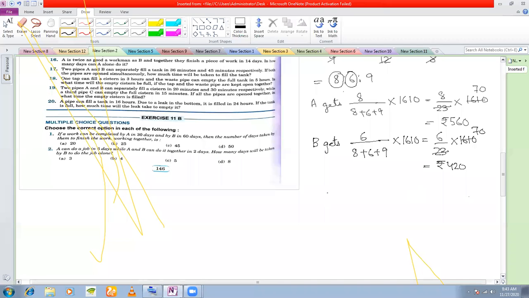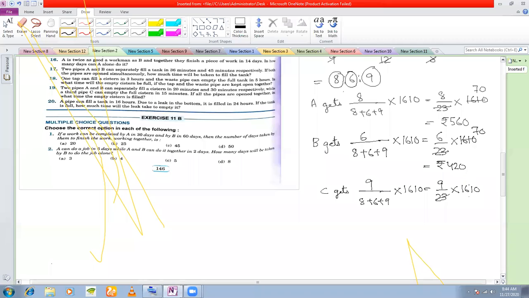Okay. And C gets 9 parts. 9 divided by 8 plus 6 plus 9 into 1610, which is 9 divided by 23 into 1610.